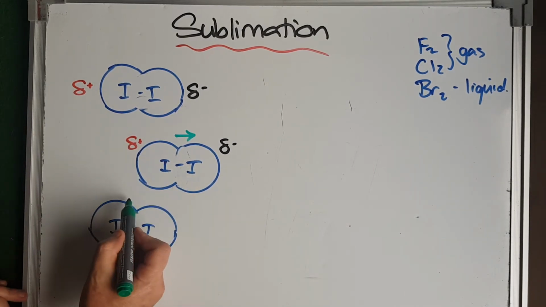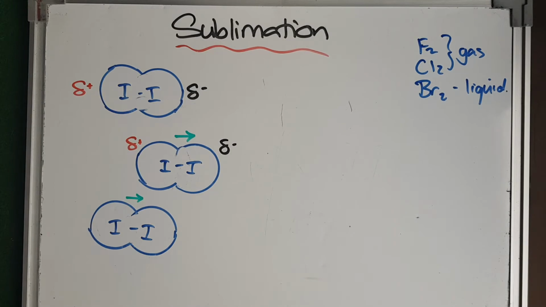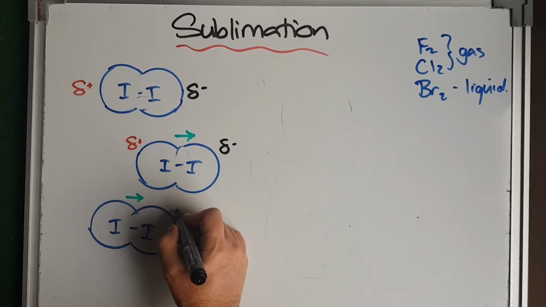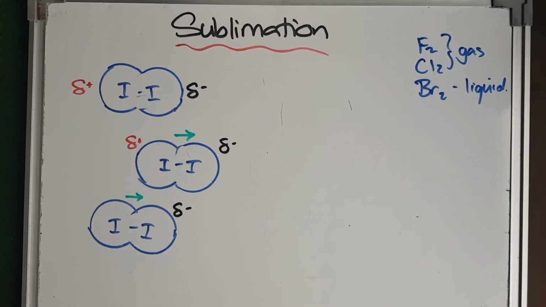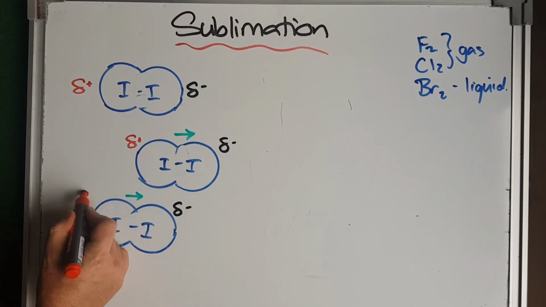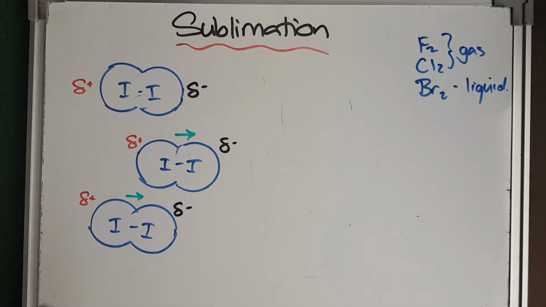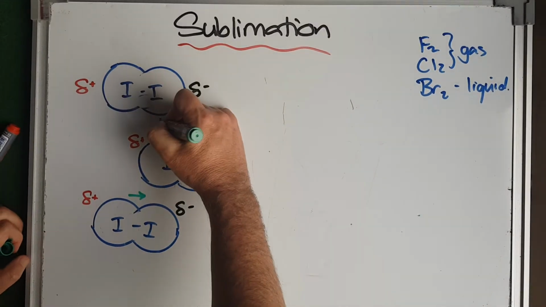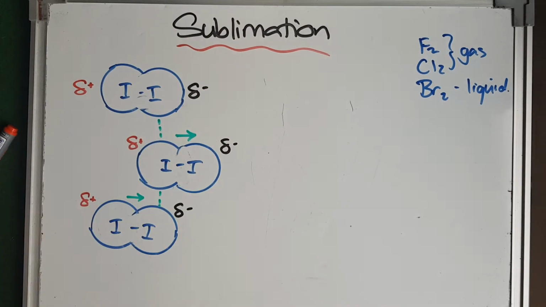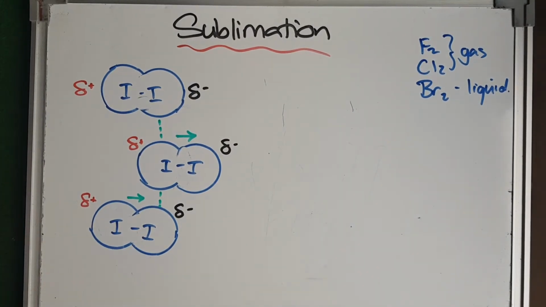This is slightly positive, so it will attract electrons this side in the electron cloud, creating a delta negative and therefore a delta positive. And if we can imagine this happening in 3 dimensions, then we can see how we start to form some intermolecular bonds between these non-polar molecules.